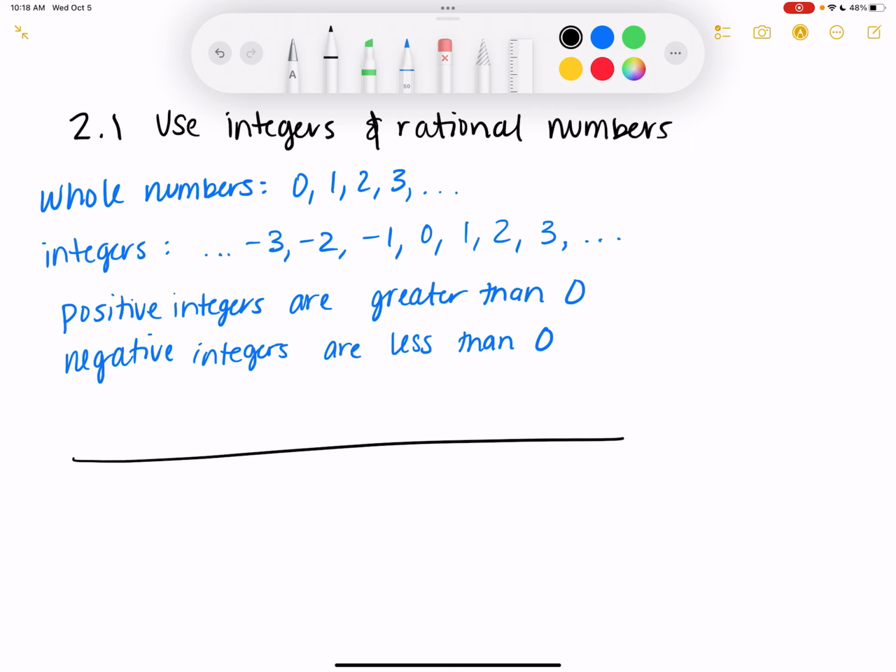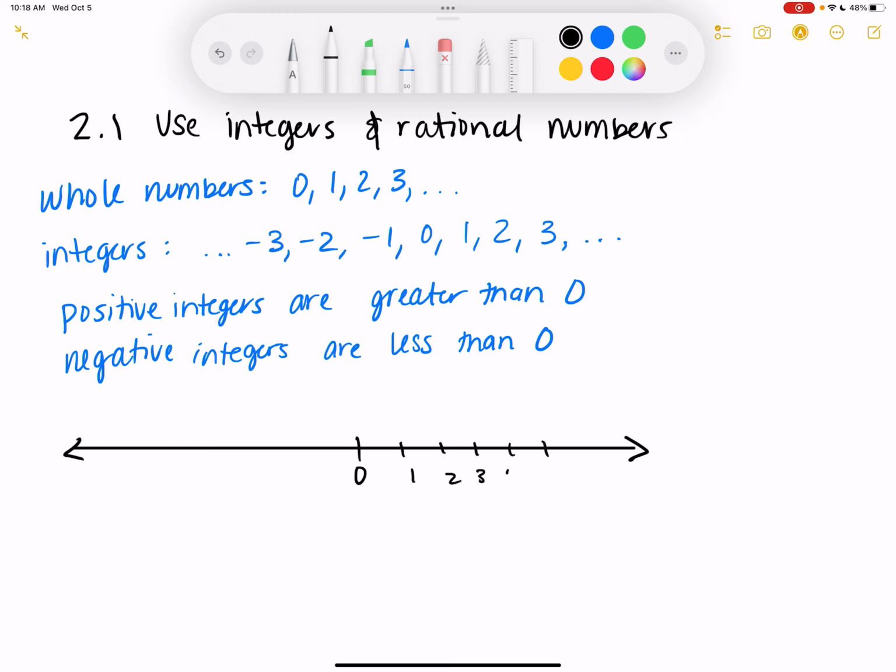So we have a number line, something like this.